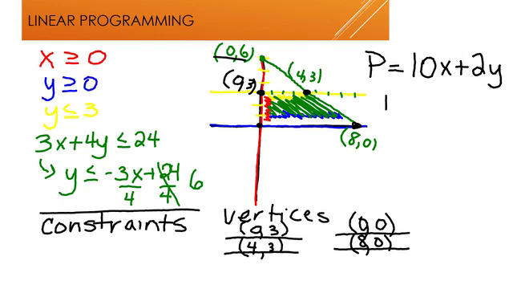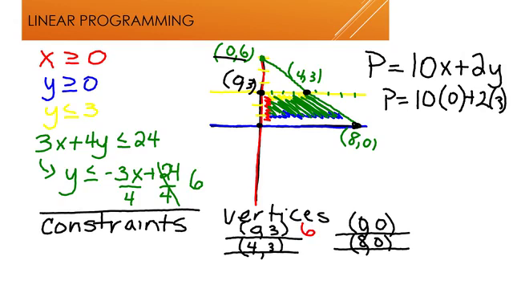Let's try our first vertex. The first vertex was 0, 3, right? So for the first vertex, we have 10 times 0, because 0 is the x, and 3 is the y, plus 2 times 3. That's going to give us a 6. I'm just going to write the answers down here for what P equals.